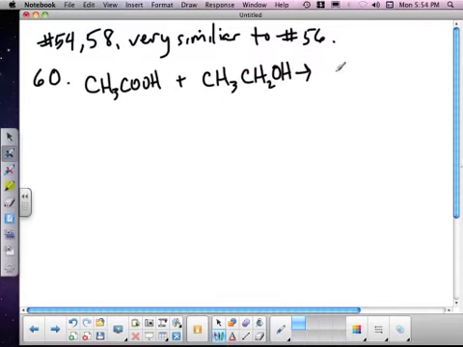We're taking H off the acid and OH off the alcohol to make the water, and you stick the two pieces together. So CH3COO and then CH2CH3. And this is called an ester. All right, so there's our equilibrium.